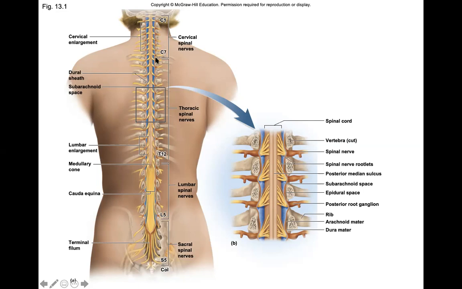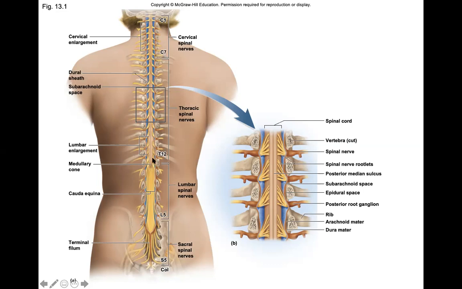That should throw you for a loop a little bit. You have 7 cervical vertebrae, but 8 cervical nerves. In the cervical region, the nerves exit above their corresponding vertebrae, and C8 exits between C7 and T1.